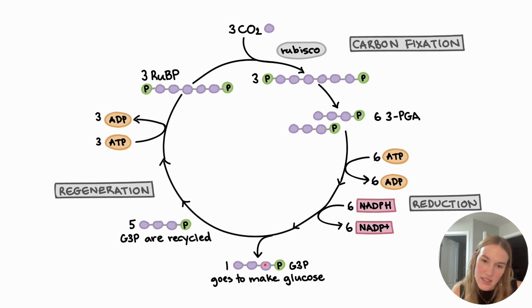One of these G3P gets saved to go make glucose. The other 5 are recycled. If we have 5 3-carbon molecules, that is going to be 15 total carbons. That means that we can regenerate RUBP, but we only get 3 of them. 3 5-carbon RUBPs is 15 carbons. 5 3-carbon G3Ps is also 15 carbons.